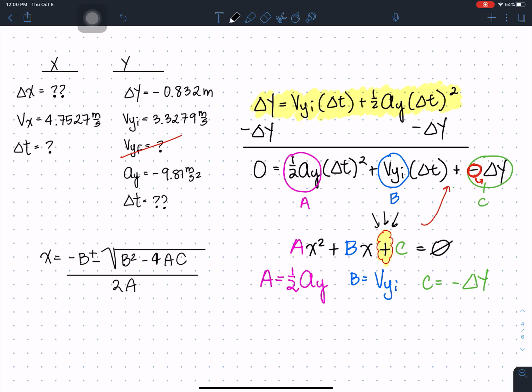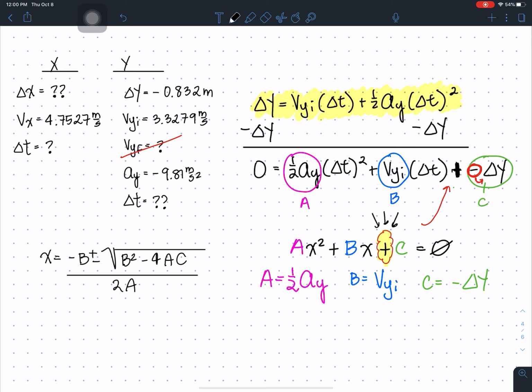Now, when you look at our equation, 1/2 Ay delta t squared plus Vy initial delta t minus delta y, you'll see that this is why we have to include the minus sign with the delta y. It has to become part of term c in order for us to put this imaginary plus sign, which I'm coloring in right now.